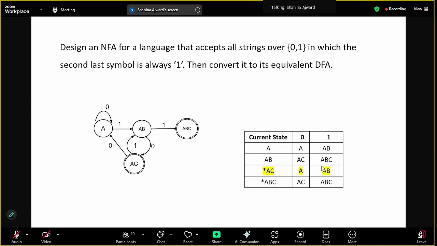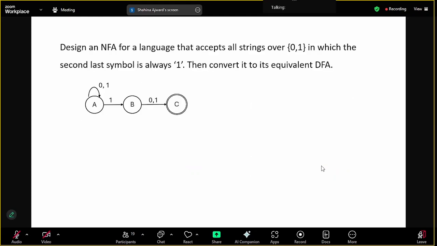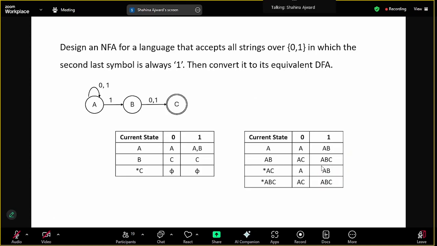How do we get AB, AC, and ABC, all these combinations? It is not like we randomly picked them. AB, ABC, all of that are next states that we define by looking at this table.